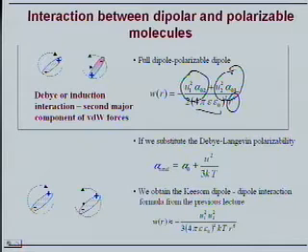So this is the force which comes because the second molecule polarizes the first one. So again, the first component here is the interaction because the first dipolar molecule polarizes the second polarizable molecule. And the second one is because the second molecule, which may have a dipolar moment, would polarize the first molecule and attract towards it.